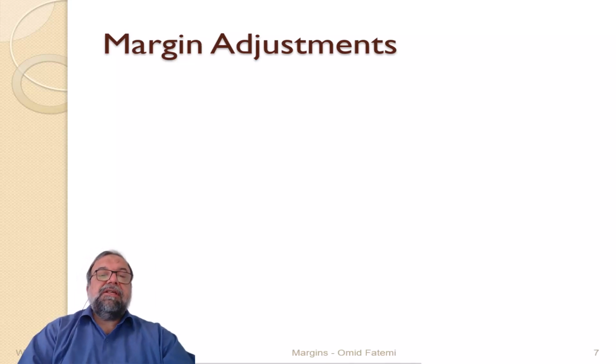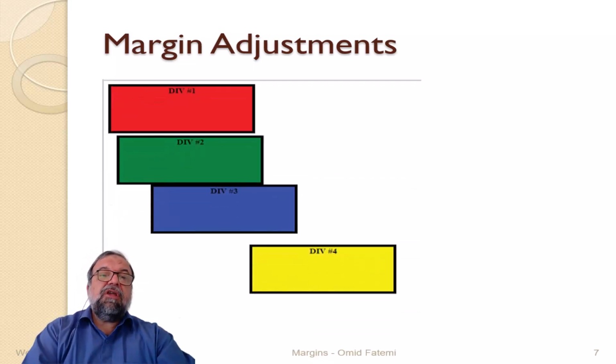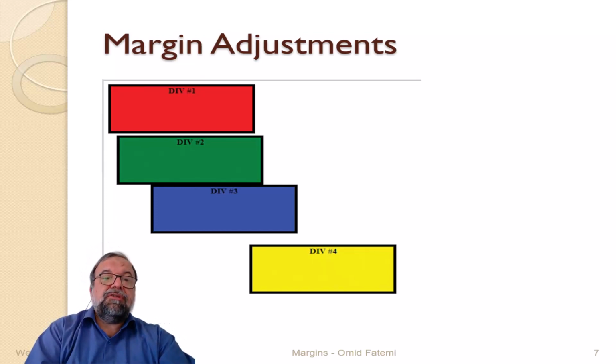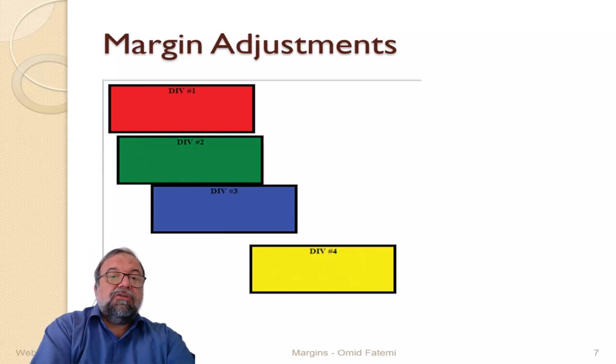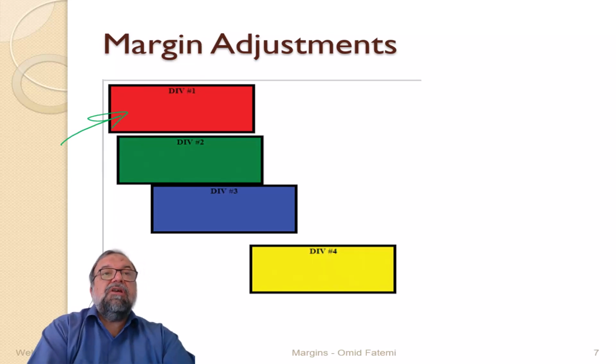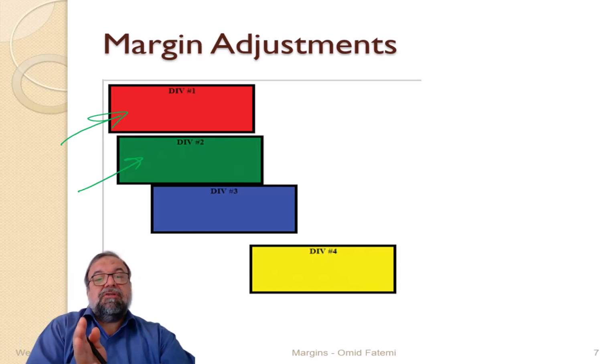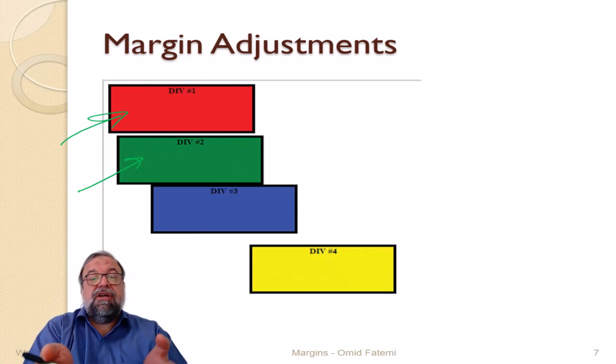Let's see an example. Let's say that we would like to have this kind of layout. The first box has no margin on the left, top, or even the bottom, and the second box has some margin at the top, something at the left, and maybe at the right, so we cannot see it here, and nothing at the bottom.